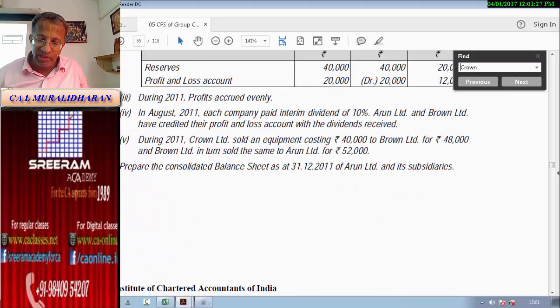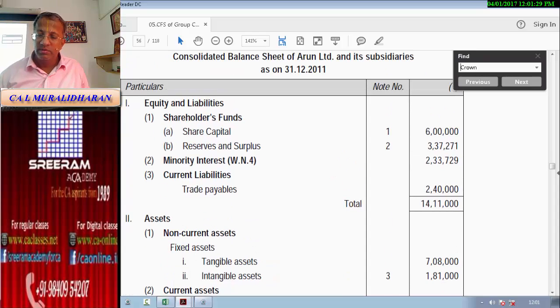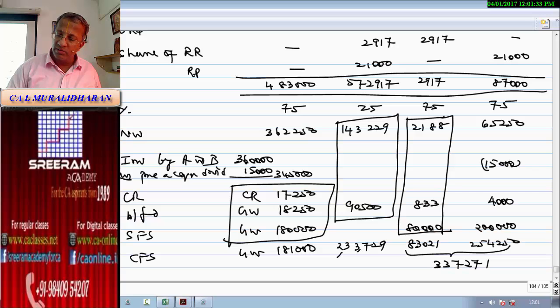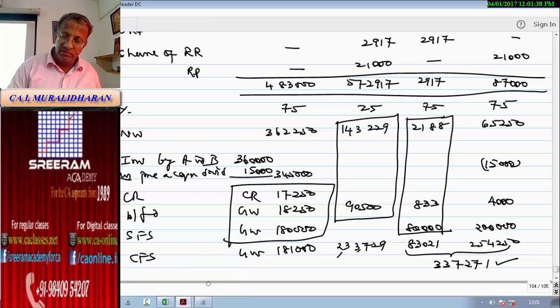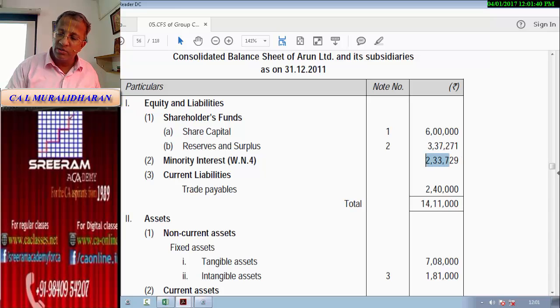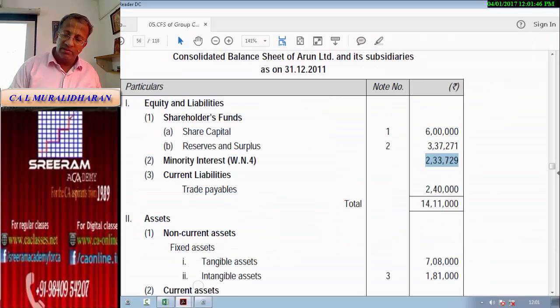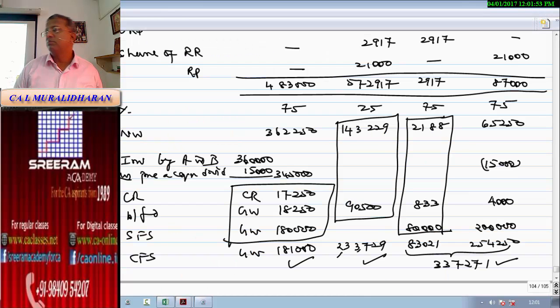What is the answer that they provide? So just check 337,271, right? Then minority interest 233,729. So then 1,81,000 goodwill. That's it.